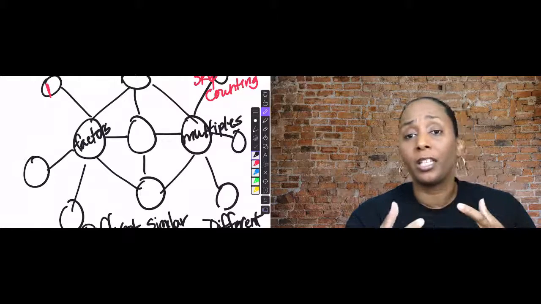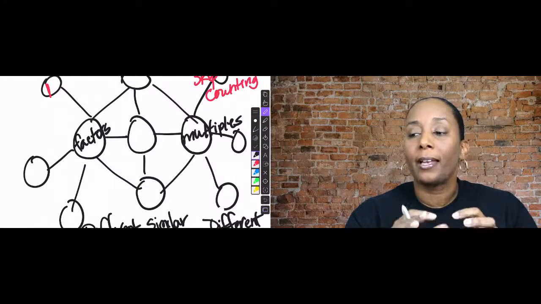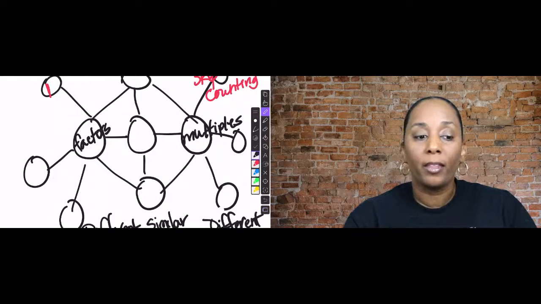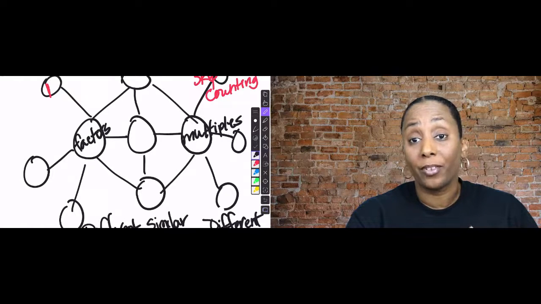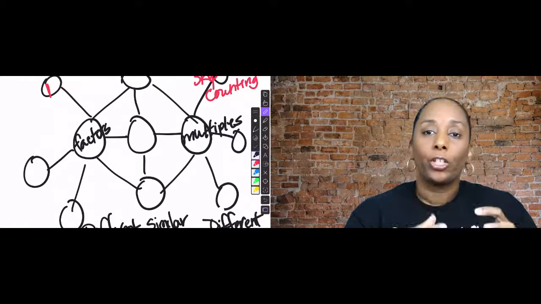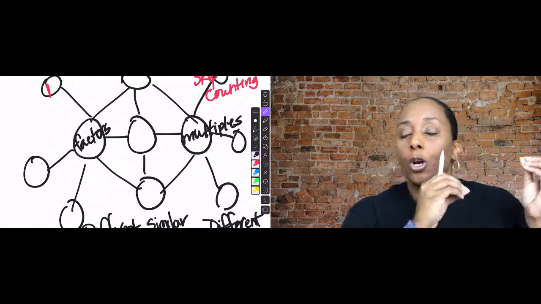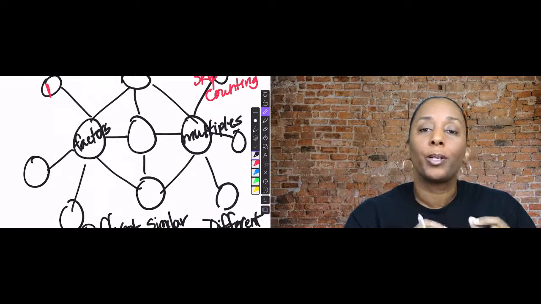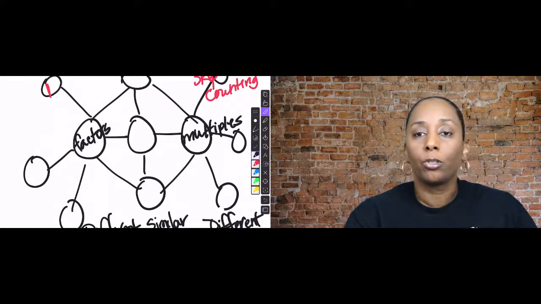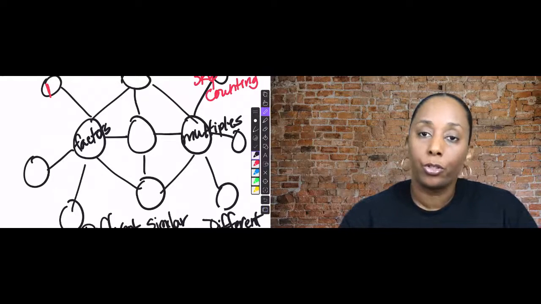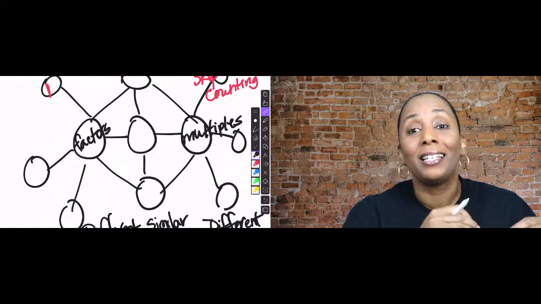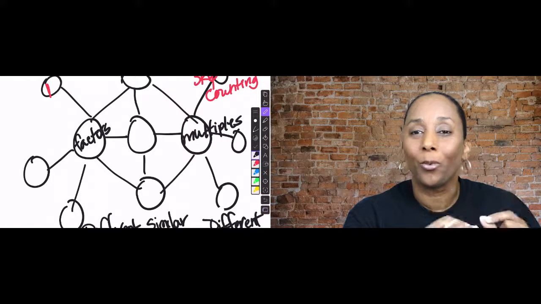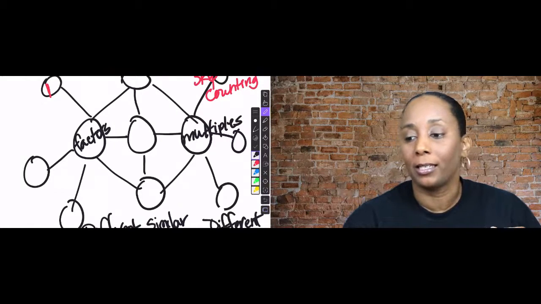So if you plan for these and start that unit with these graphic organizers, I promise you it'll make your life a lot easier, and you will be able to go through your lesson a lot smoother because you're anticipating those difficulties that your students are going to have, instead of letting the difficulty derail your lesson, if that makes sense.